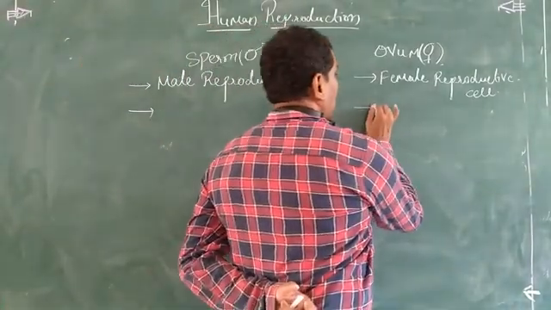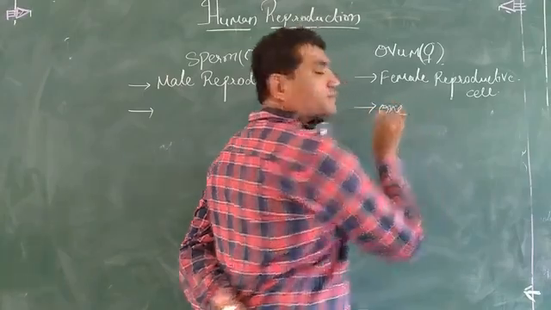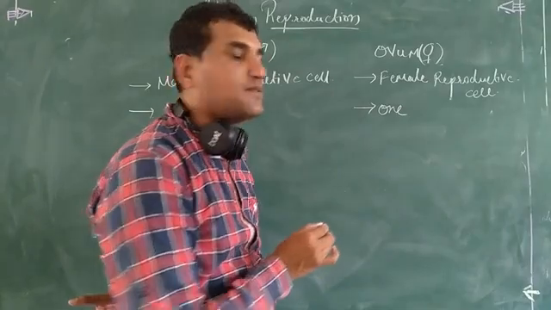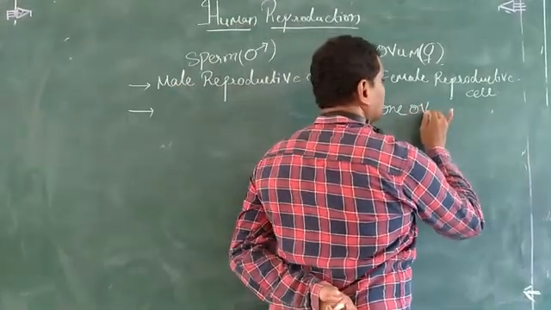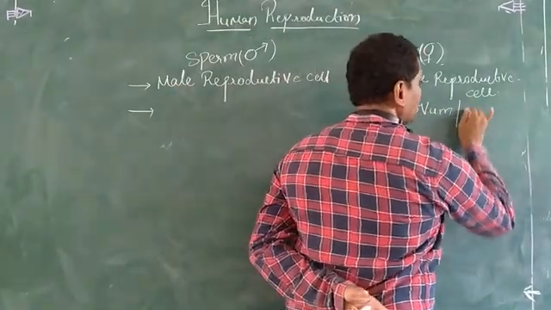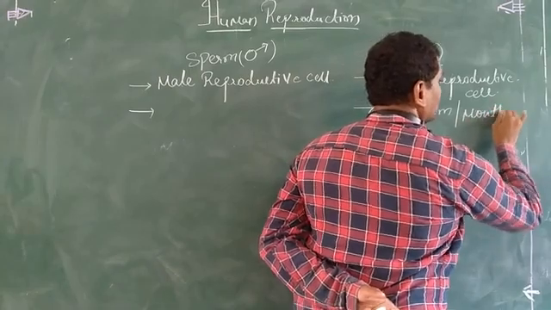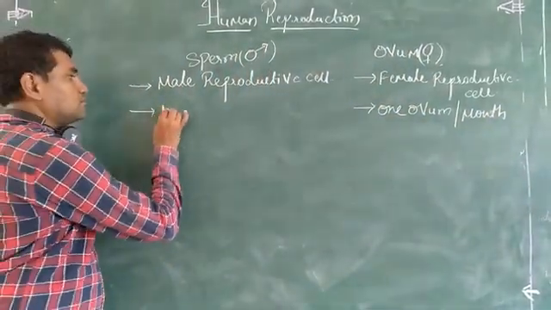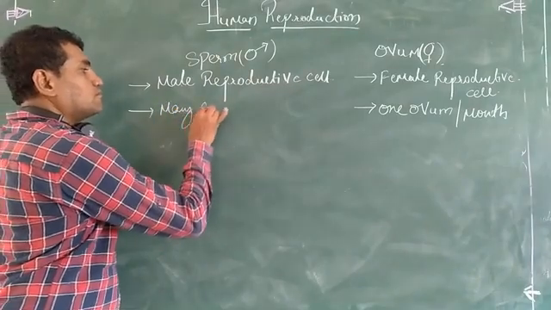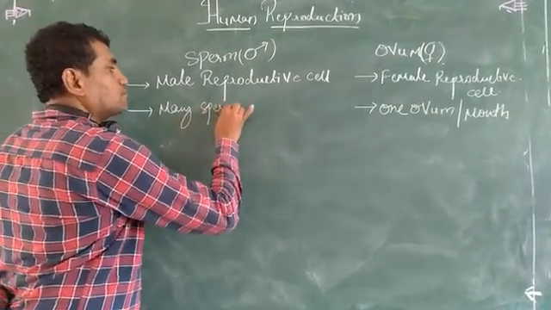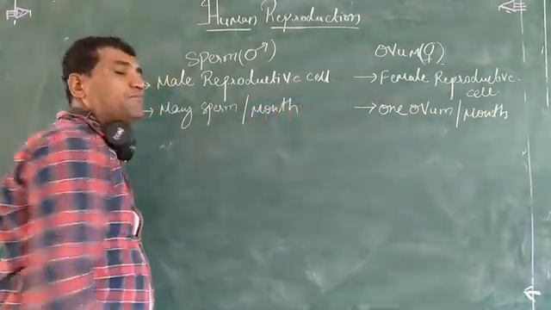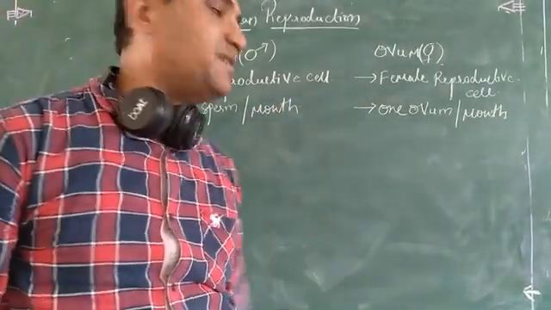One ovum per month. Many sperms per month.